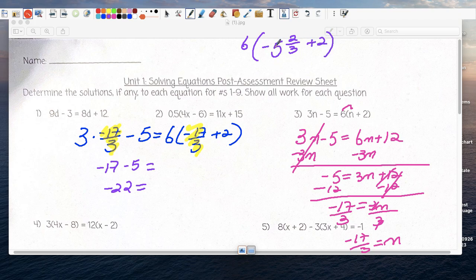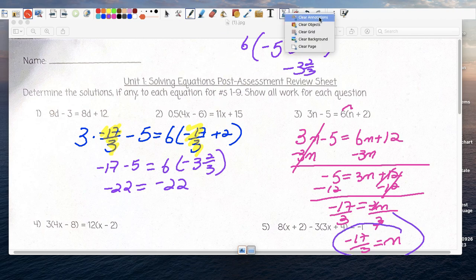Now if we combine negative 5 and 2/3 plus 2, we're left with negative 3 and 2/3. So I'm going to write 6 times negative 3 and 2/3, which you multiply times 6, and you'll find out that it does equal negative 22. All right, so this answer works.